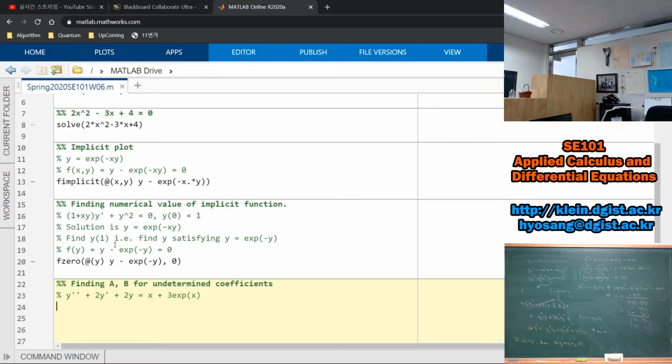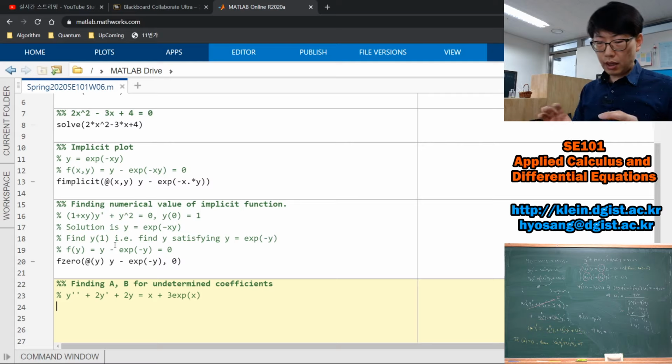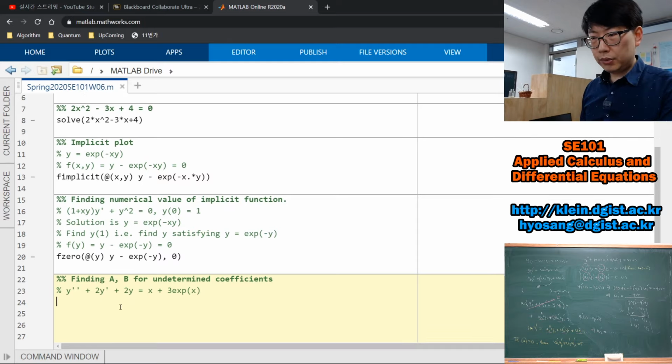It's too much work to type all the details, so just type the important parts, and if you did it by hand, show it, but you can skip your work if you use MATLAB. Just show the lines that you used in MATLAB.